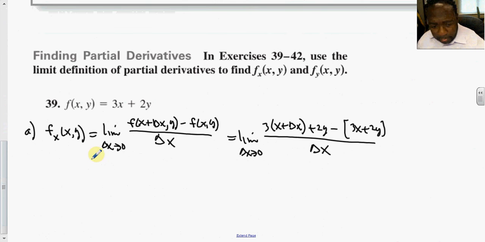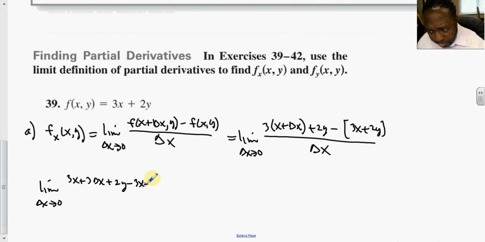We simplify, and so we have the limit as delta x goes to 0 of 3x plus 3 delta x plus 2y minus 3x minus 2y, all over delta x.